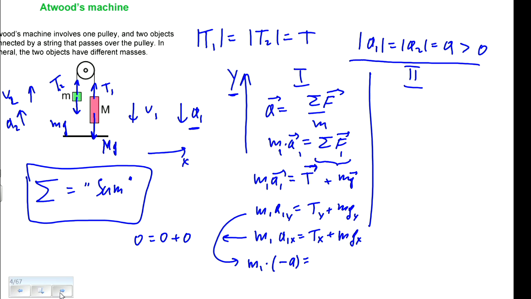Clearly showing it's negative. Tension points up, gravity points down. And one more thing. Since we are given a symbol for the mass, let's just use that symbol, capital M.